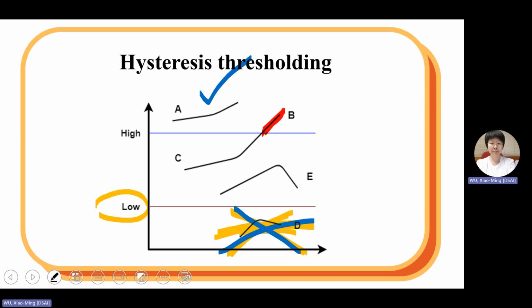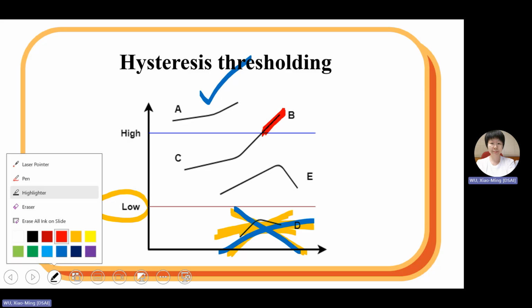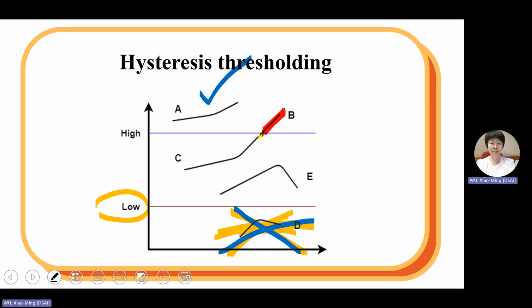To begin with, these strong edge pixels are connected with these weak edge pixels.